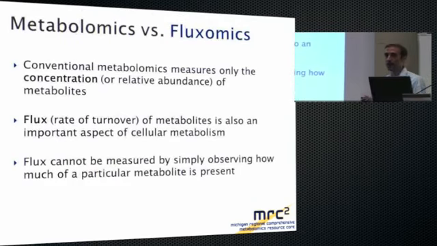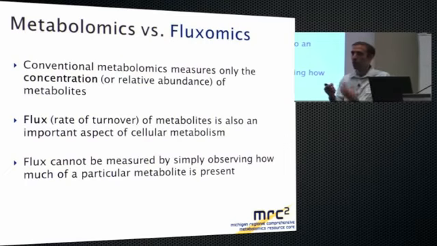Okay, so we're going to spend the last 10 or so minutes talking about fluxomics. Conventional metabolomics is in concept relatively straightforward. The idea is you're trying to measure the concentration or the total amount of small molecule compounds in your sample. That's not too different from what you might do if you were running a biological assay for glucose.